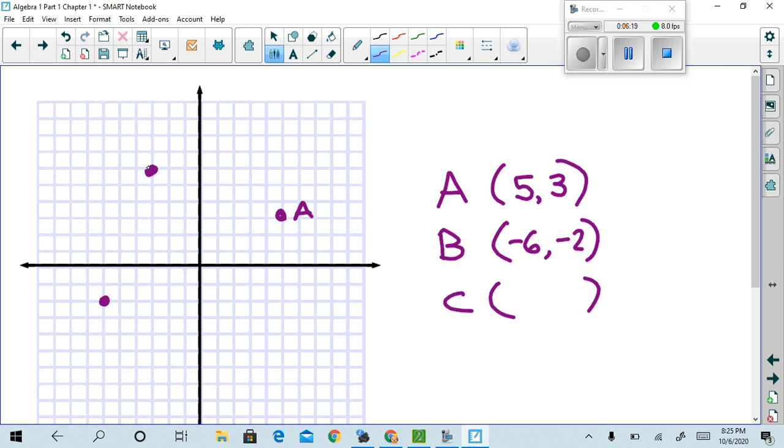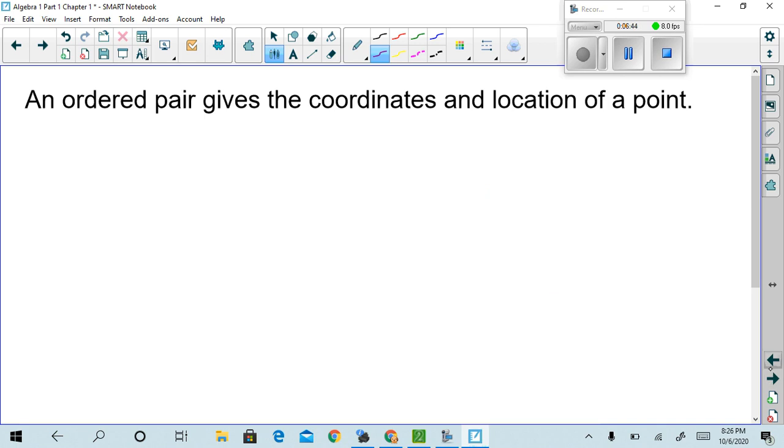I wonder what the coordinates are. Well, I'm going to count over 1, 2, 3. It's in that column there, so that's a negative 3. And I'm going to count up 1, 2, 3, 4, 5, 6. And there's my point. So again, I can name location, I can graph the points, and I can name the ordered pairs. That's a good part of what we're hoping to accomplish in this section.